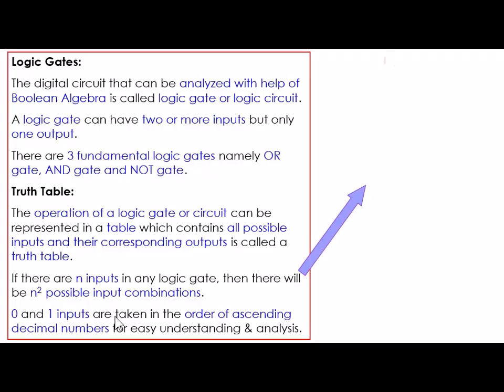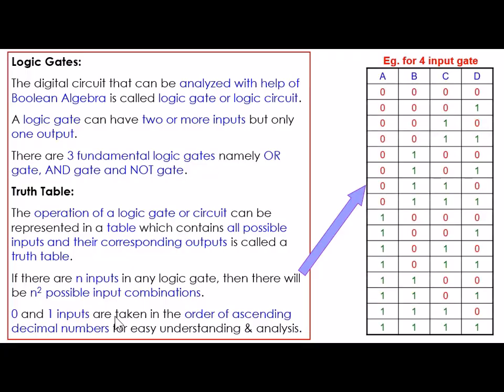For example, this is an example of a 4 input logic gate. If it is a 4 input logic gate, there are 4 inputs A, B, C and D, and obviously there will be 16 input combinations possible. So we start with 0. The decimal value of the combination 0, 0, 0, 0 is 0.